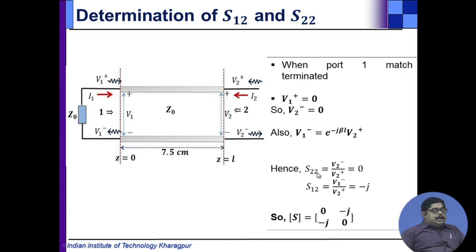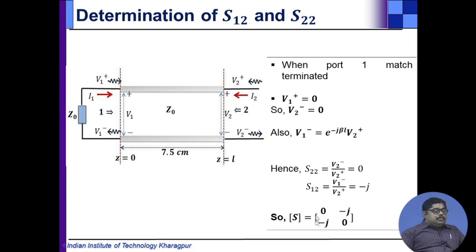Once you have that, find out what is S22. S22 is V2 minus by V2 plus, and V2 minus is 0. So, S22 will also be 0, and S12 is V1 minus by V2 plus, that is e to the power minus j pi by 2, that is minus j.